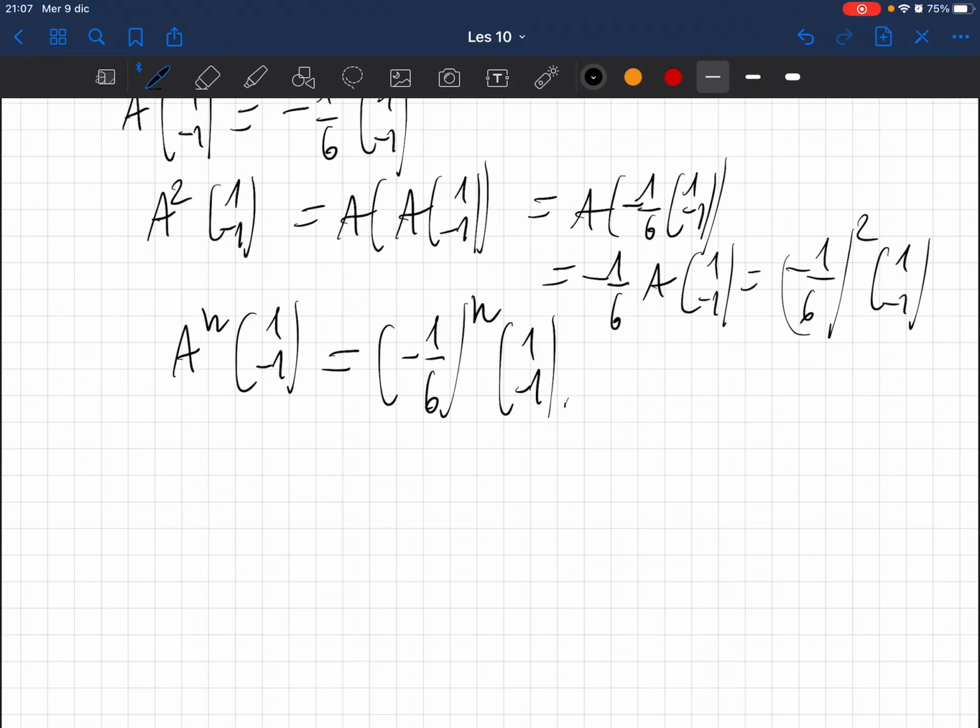And also, we have a basis of eigenvectors.